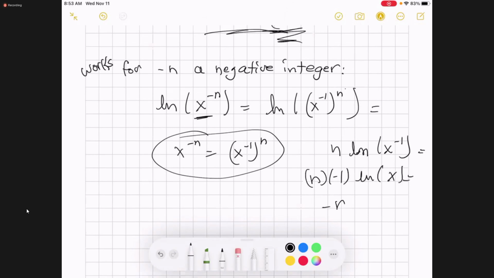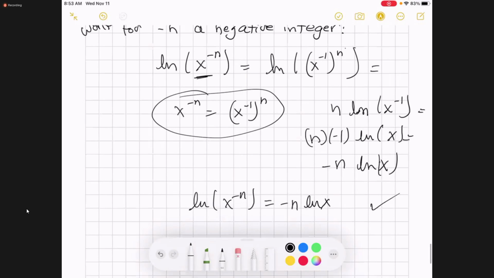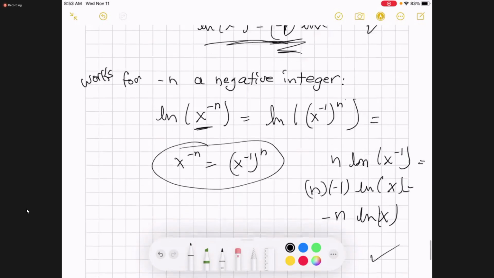So that's minus n ln of x. And that shows then that ln of x to the minus n is minus n ln of x. So that works. So I've got that shown.